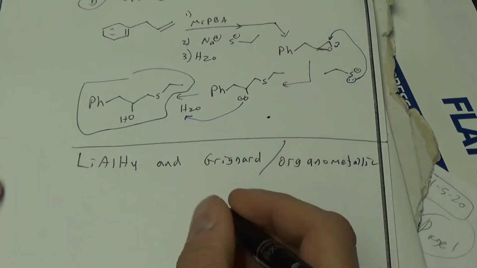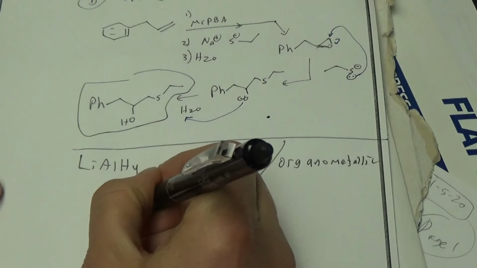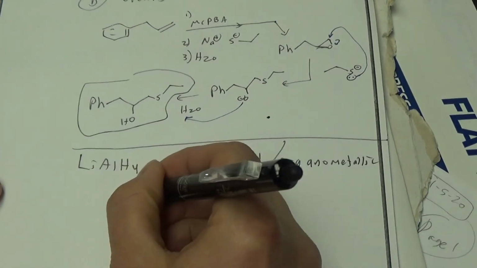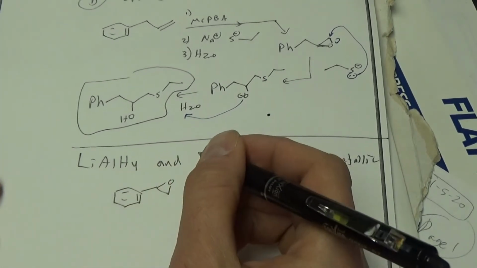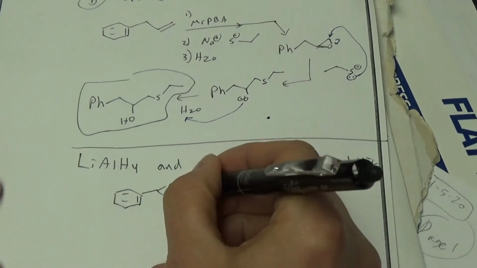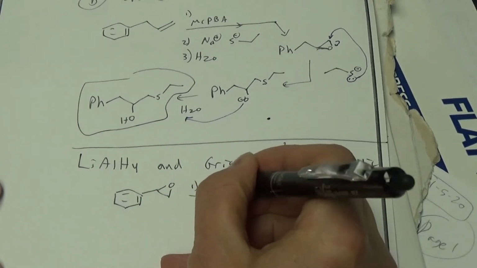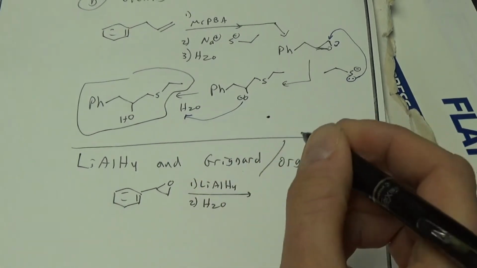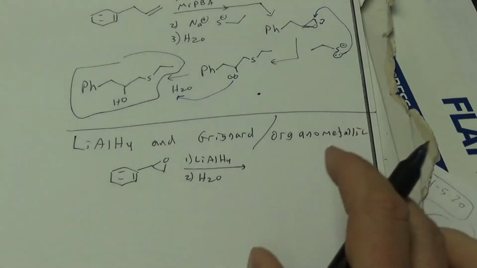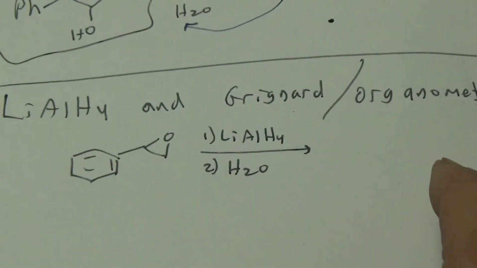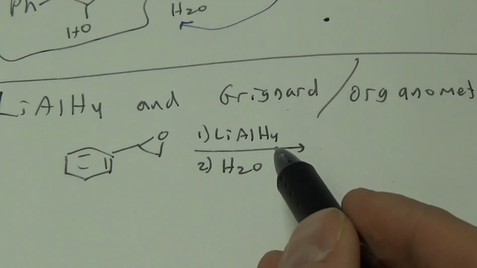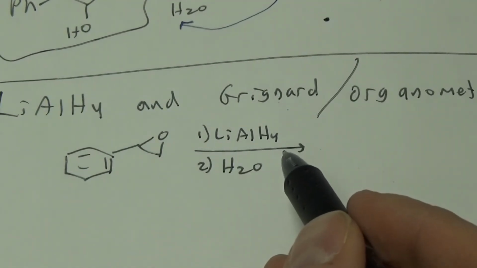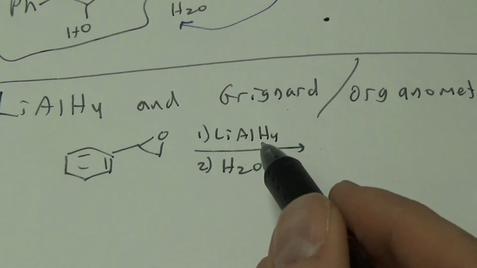Alright, so lithium aluminum hydride. Let's try a random epoxide, and let's do lithium aluminum hydride, then H2O. I'll just draw the product and then draw the mechanism. We know that lithium aluminum hydride is a nucleophilic hydride, right?